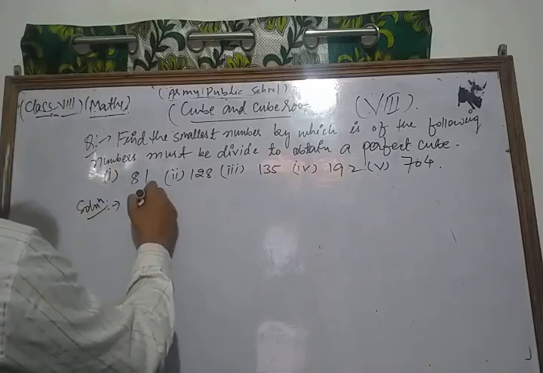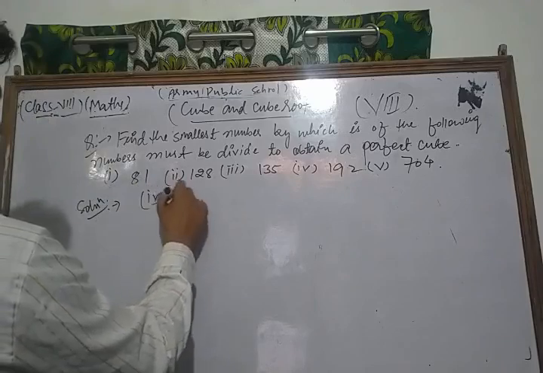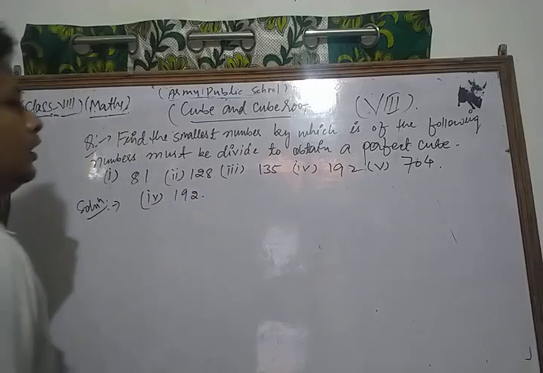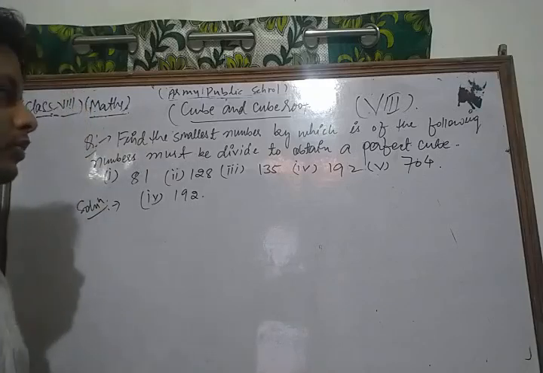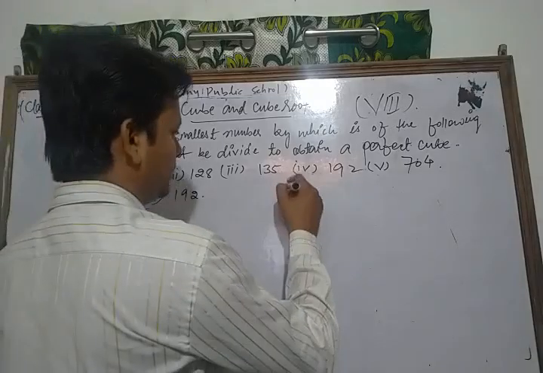Now we take and solve the fourth part of this question, which is 192. Okay. Now what I do, we just do its prime factorization.